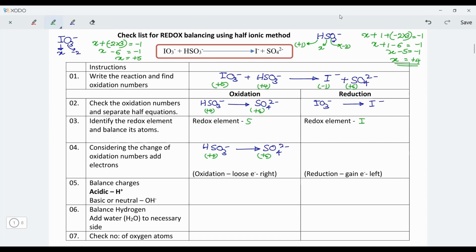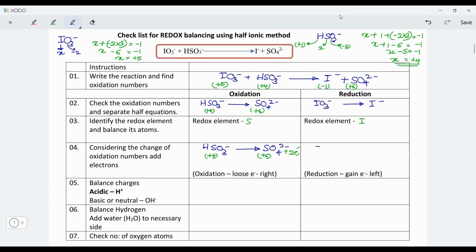You have to consider that change and add electrons. Within the bracket you can see I have given, if it is oxidation, it loses electrons. So that number of lost electrons you have to add to the right side. Now you can see here 2 electrons are lost. So let's add those 2 electrons to your right side like this.